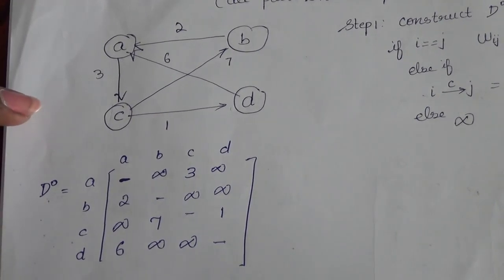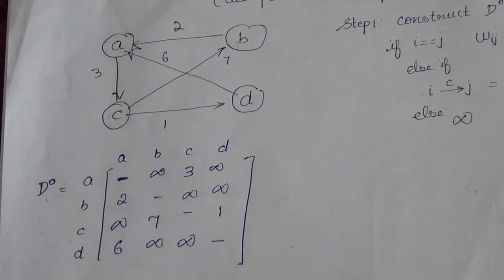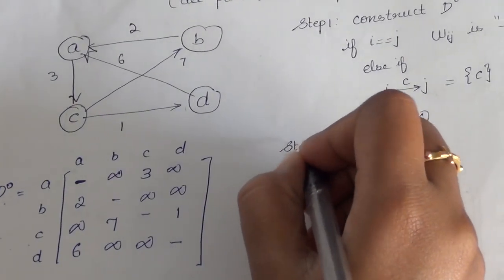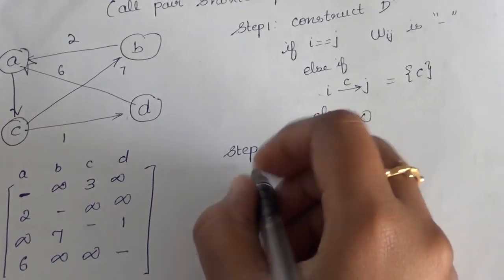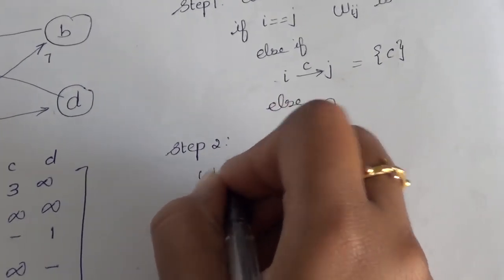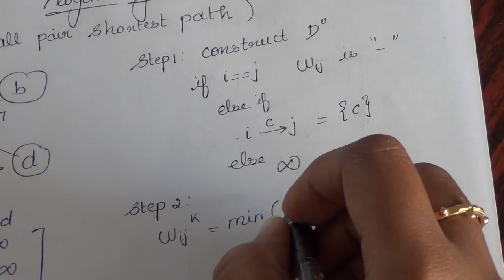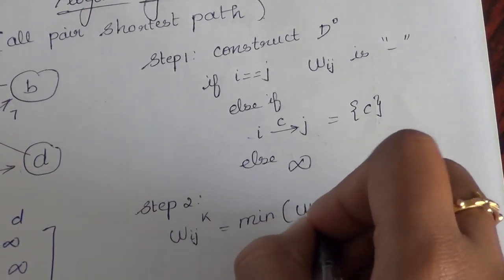Now for the construction of the new weighted matrix, we will be using a formula. That will be step 2. The formula is: the weighted matrix is equal to the minimum of two values; we will get 2 values, and from those the minimum value will be considered.